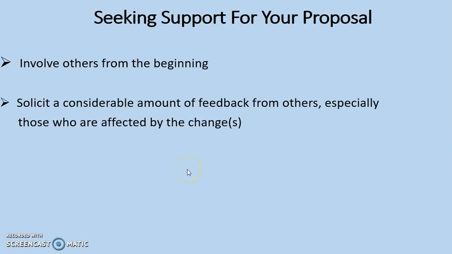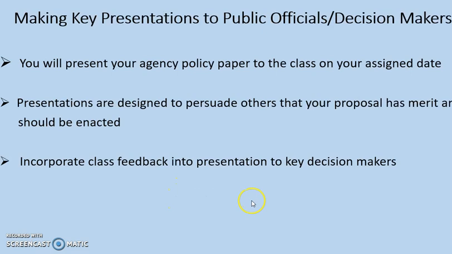I want you to detail in your paper how you have involved others from the beginning of your consideration. What supervisor did you talk to? Did you talk to any constituents? Did you talk to any people who are clearly affected by a policy change? Who did you get feedback from who will help you decide what the best alternative is to either modify a current policy or to implement a new policy? That should also be discussed in your paper.